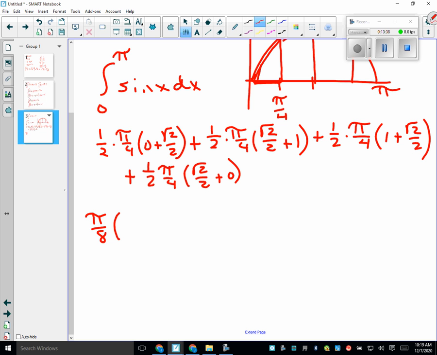Wait, where? I pulled this out of each of them, didn't I? Oh, okay, so all I'm left with is my parentheses. Do I have 1, 2, 3, 4 radical 2 over 2s? 2 radical 2. 2 radical 2 plus what? 2.